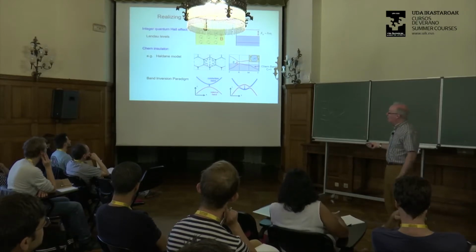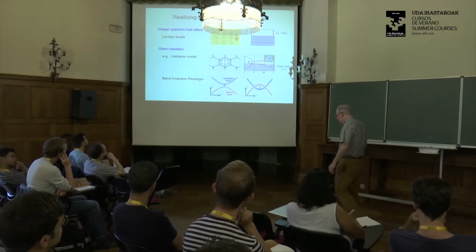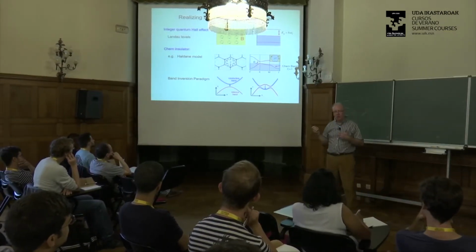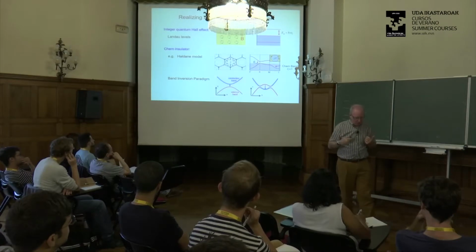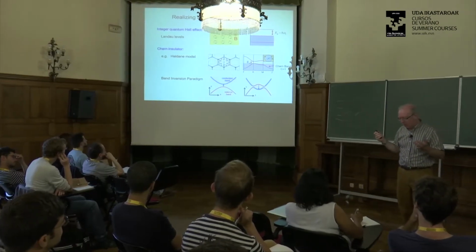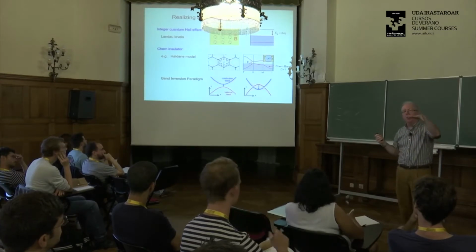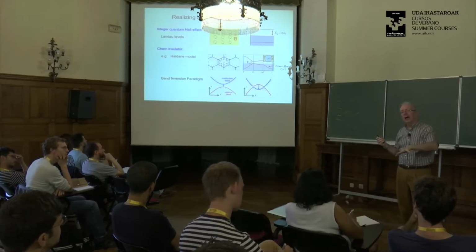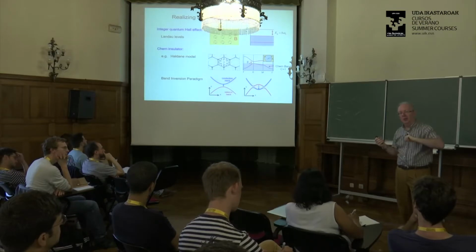Now there's a very useful way of organizing your thoughts about this. If you're trying to get a non-zero Chern number, you can think, well, let's suppose I start with a trivial insulator. What do I have to do in order to get to a non-trivial one?